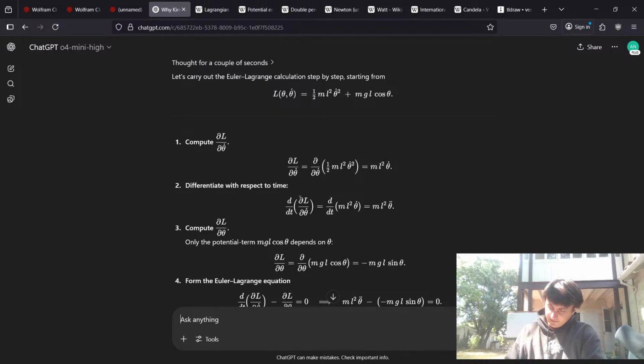Cool. Now you do d dt, which is equal to m L squared theta double dot.